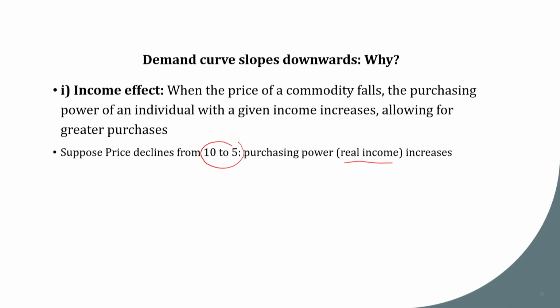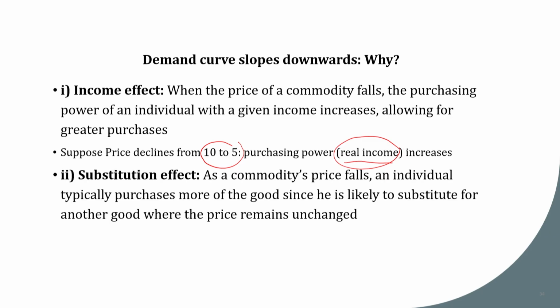Earlier you were buying only 1 unit when the price was 10. Now the price has become half, so you can afford 2, because of the increase in real income. That is one reason, and we call this the income effect. So income effect means an increase in real income or purchasing power.